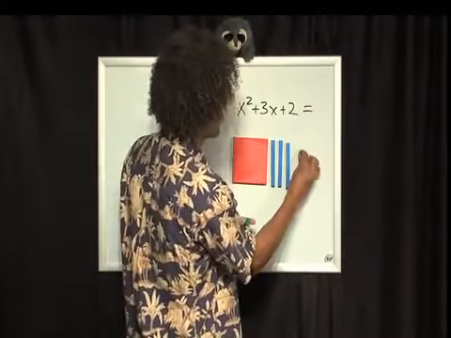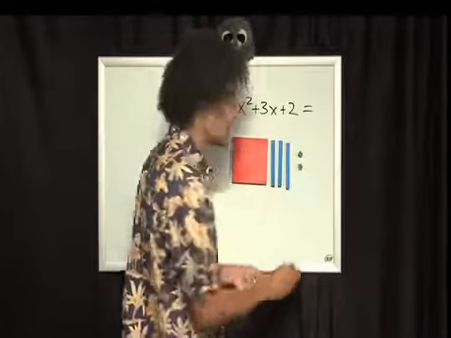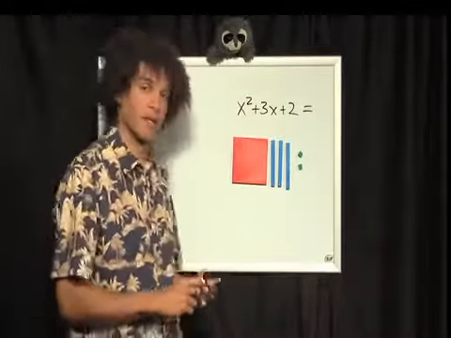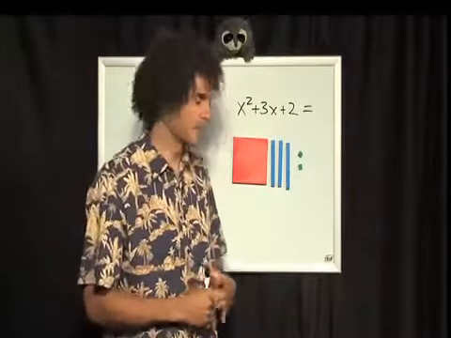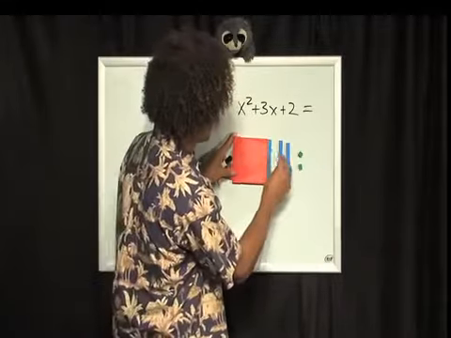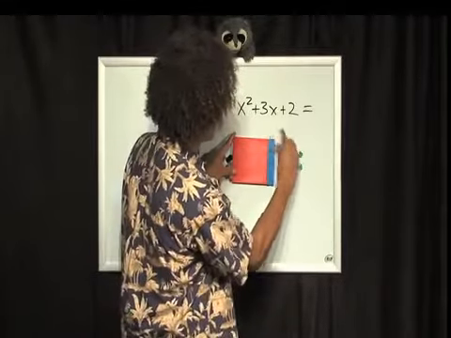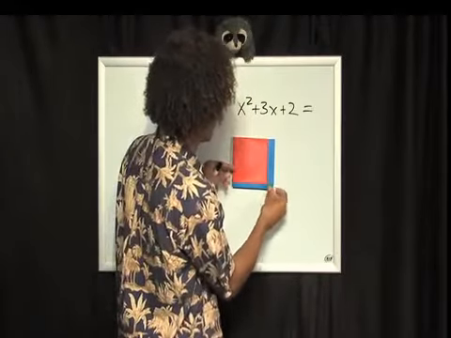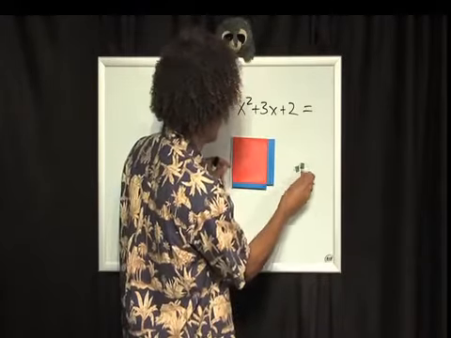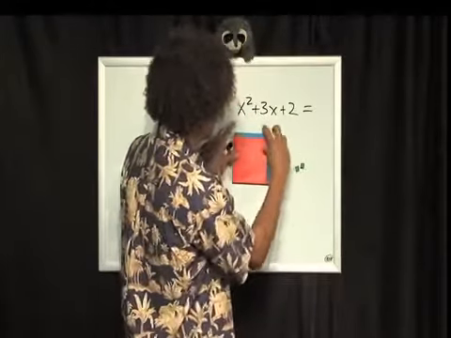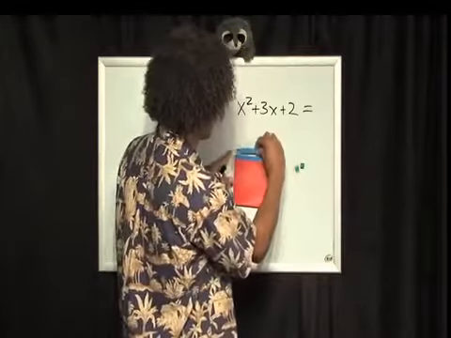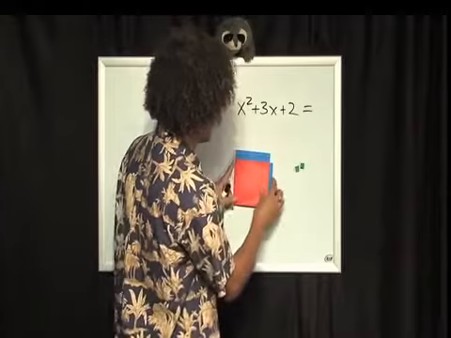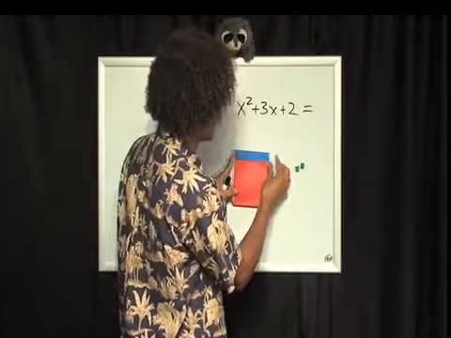Now with directed discovery, we give the children time to figure out how to make a rectangle out of these pieces all by themselves. But because we're doing a demonstration here, I'm just going to build it for you very quickly. Now we can do it either way. This way, that's division. This way is multiplication or factoring.